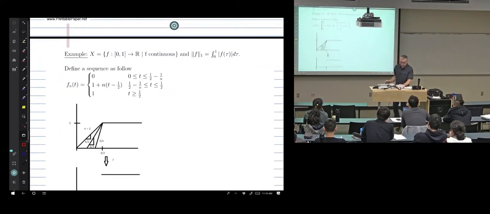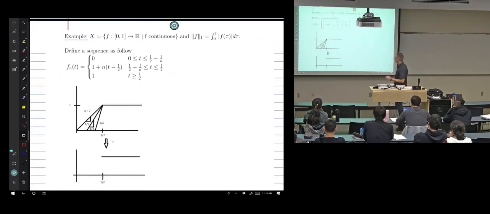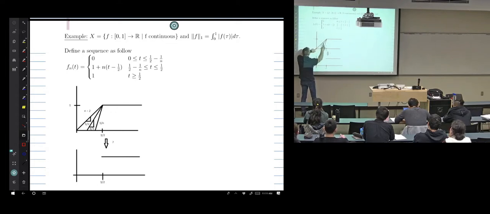Here's the sequence. Let me show you the picture and then the formulas up above. Here's my interval 0, 1. Here's a half. I start my sequence at 2 instead of 1, so I go up from 0 to 1 with slope 2 here. The slope is 3 here.